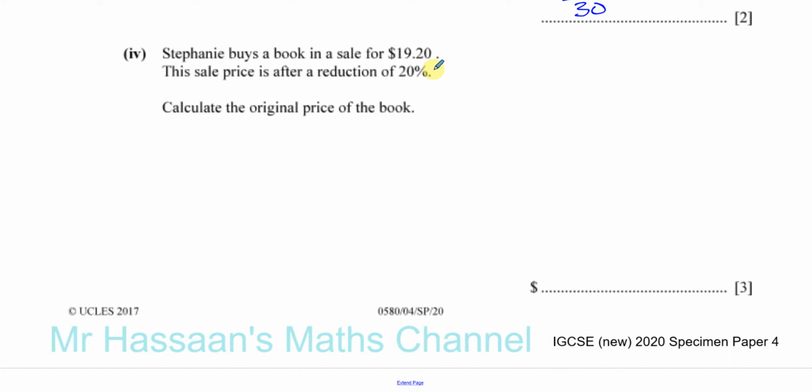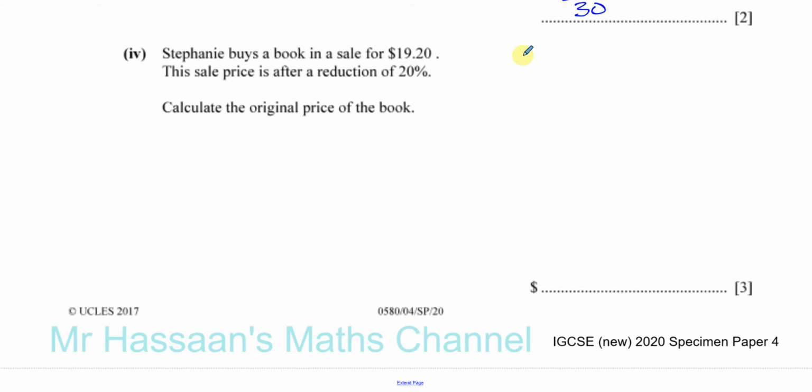And 20% of a number which is bigger than 19.2 is not the same as 20% of 19.2. So this is why that method is wrong, and you will lose marks, and you'll get the answer wrong. So there's two methods that you can use. One is a very purely algebraic method, and the other one is a kind of visual method. They're both the same thing basically, but in any case, it says reduction of 20%.